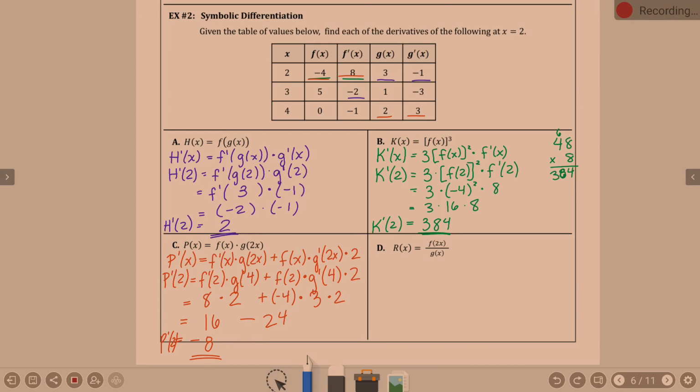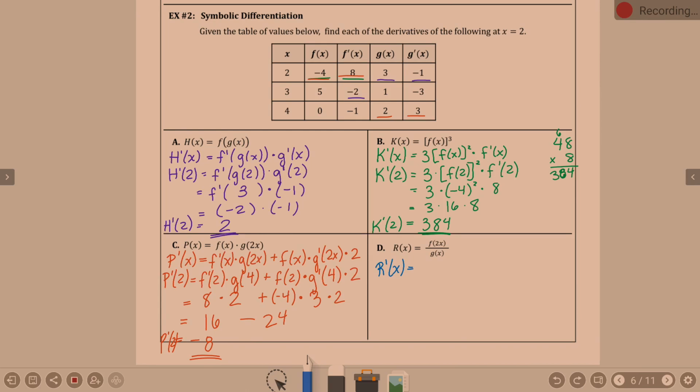Now, it is quotient rule. What's going to be within here? There's also going to be a chain rule when you see that 2x, yes? Okay. So, yes. I say it as derivative of the top times the bottom. Okay?